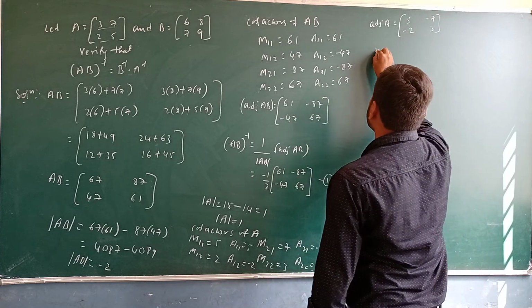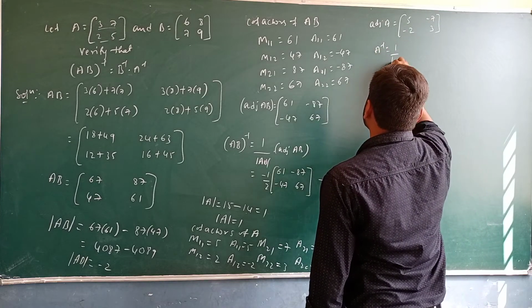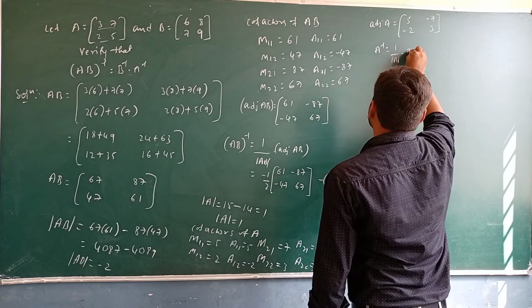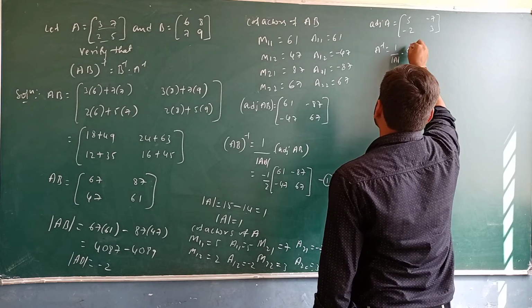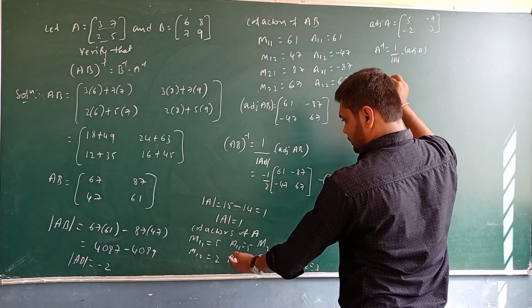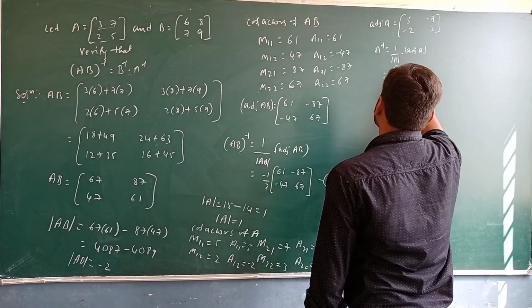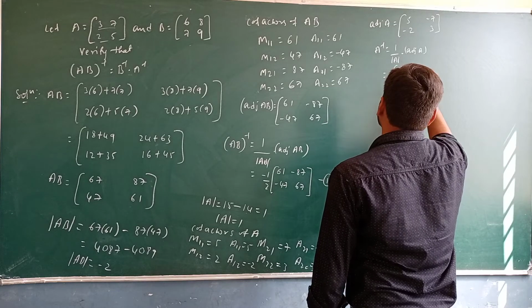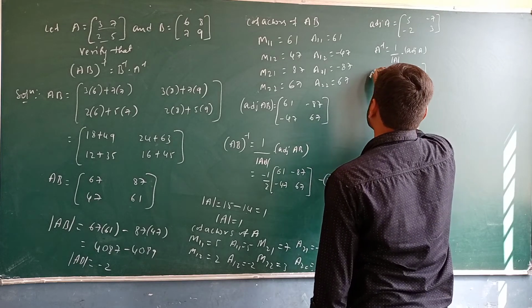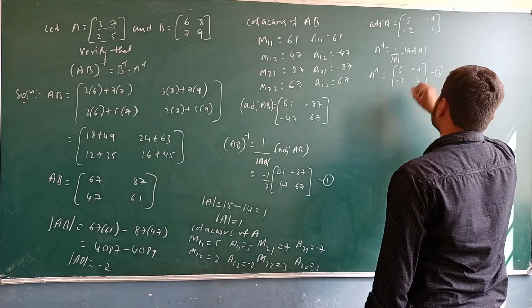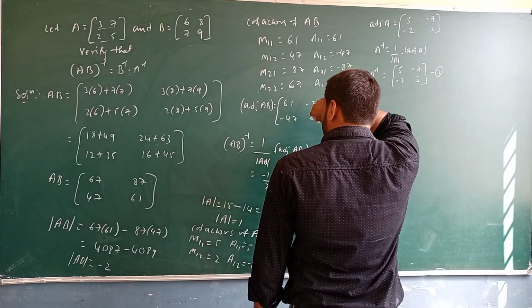So then A inverse is equal to 1 divided by determinant of A into adjoint of A. So we are getting 1 divided by, what's the determinant? 1. So 1 into adjoint of A, that's going to be 5 minus 7 minus 2, 3. Okay, so A inverse is equal to these things. So equation number 2.